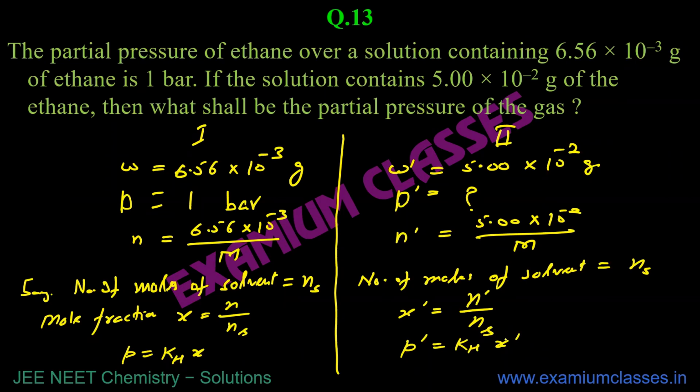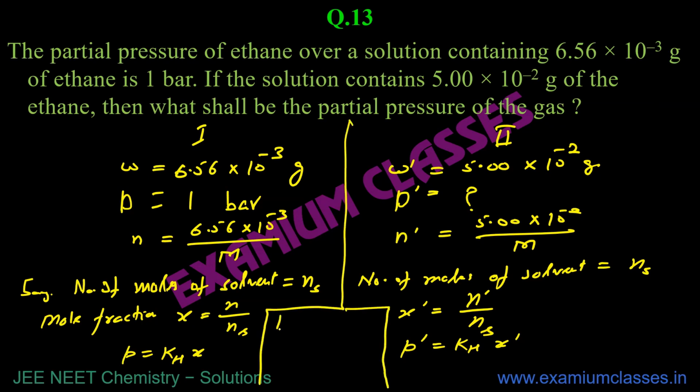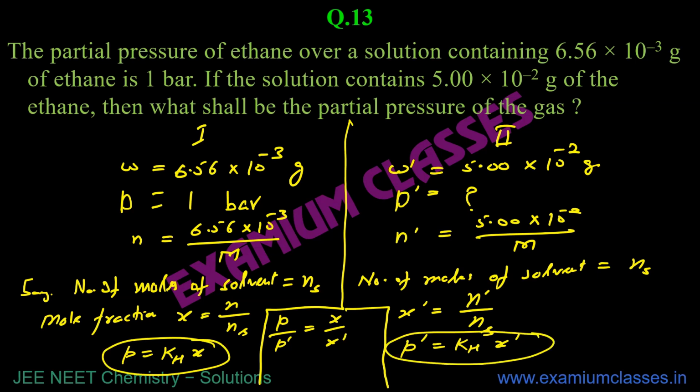So from here, you will get P by P dash equals X by X dash. If you divide equation 1 by equation 2, KH will get cancelled. So P by P dash equals X by X dash.